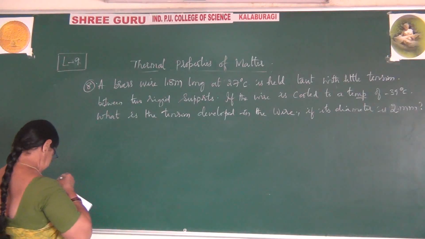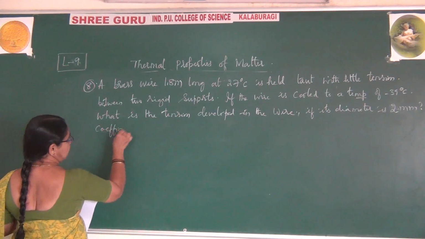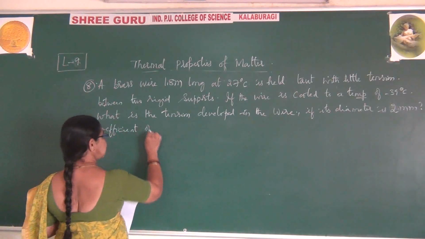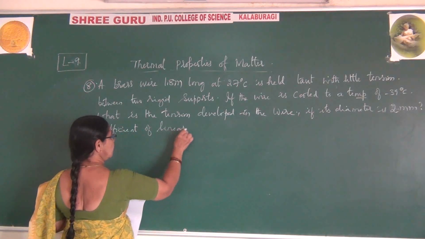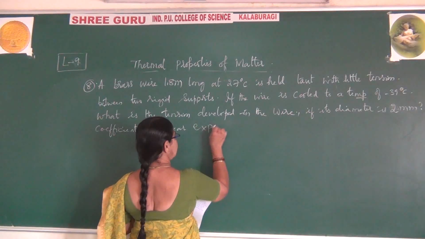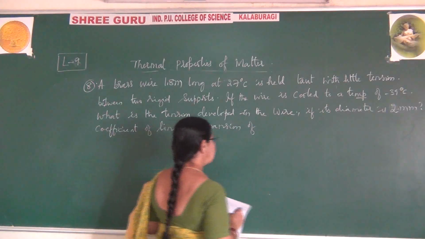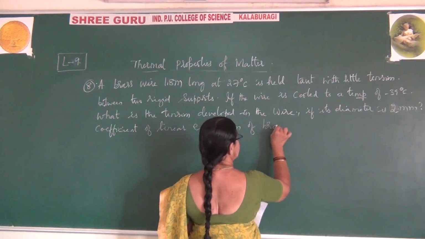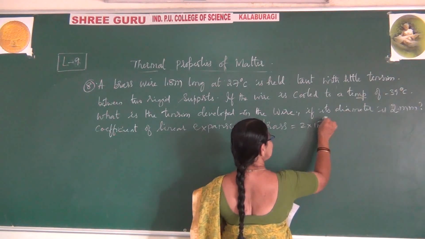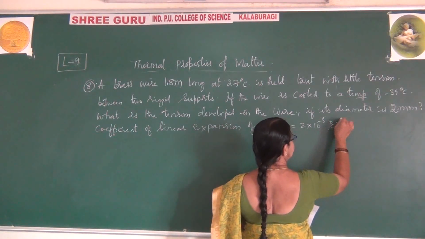Coefficient of linear expansion of brass is 2 into 10 raised to -5 per degree centigrade.